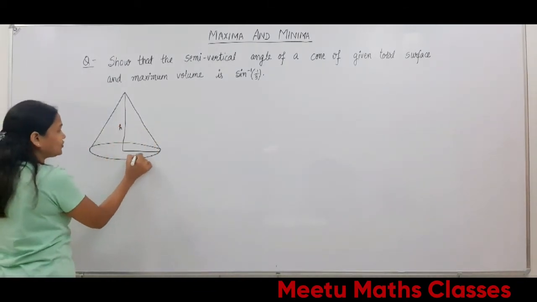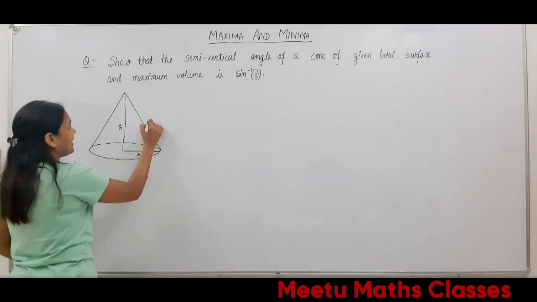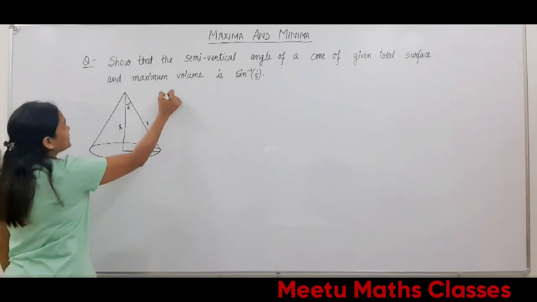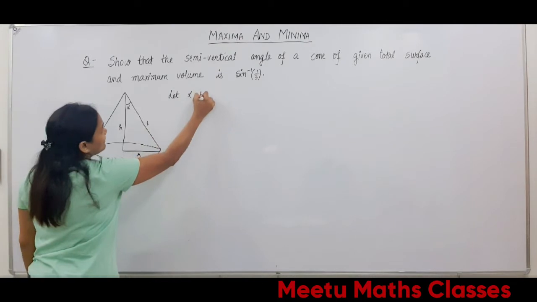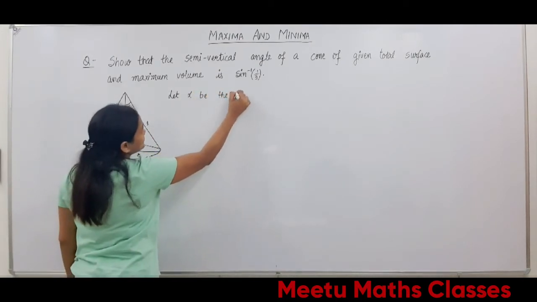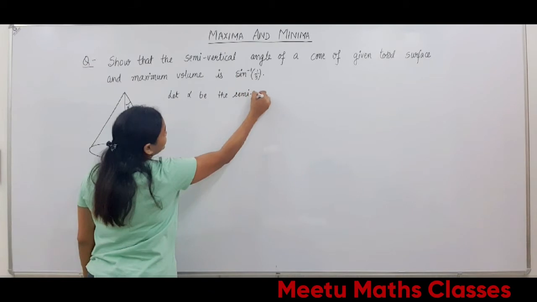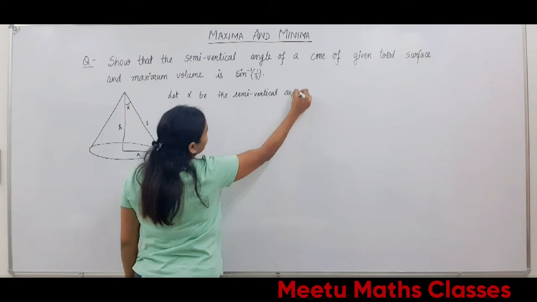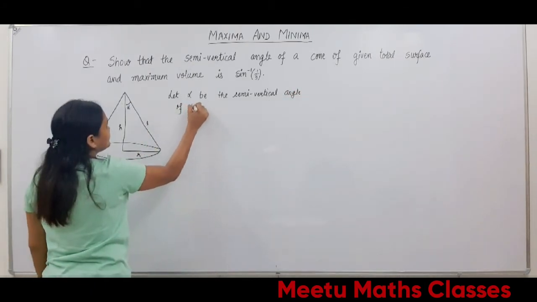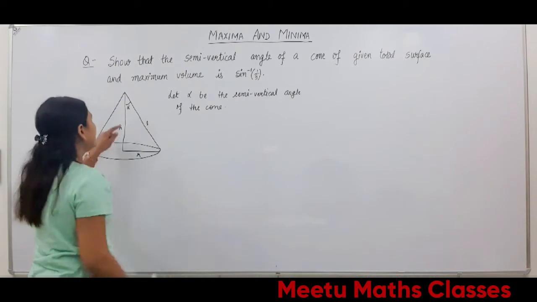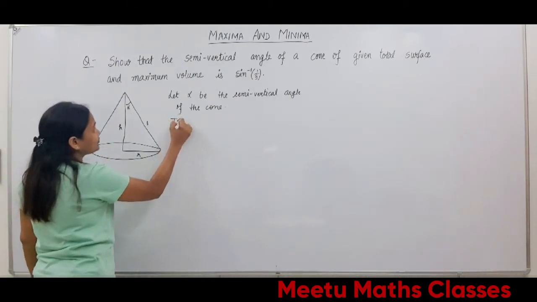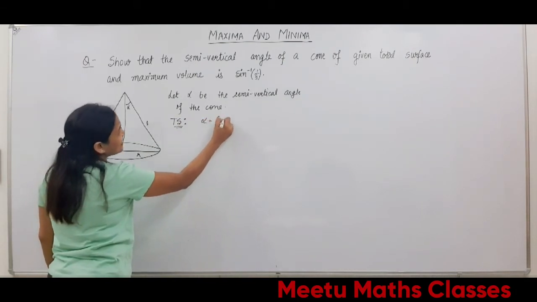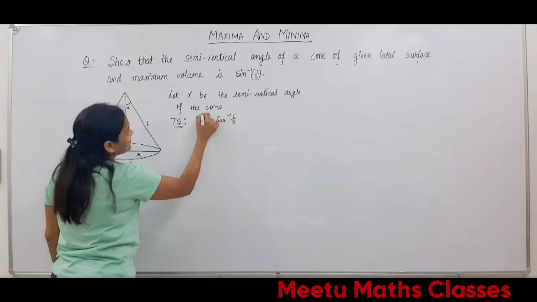Let h be the height of the cone, r be the radius of the cone and l be the slant height of the cone. Let alpha be the semi-vertical angle of the cone. If alpha is the semi-vertical angle, then you have to show that alpha is equal to sine inverse of 1 by 3.